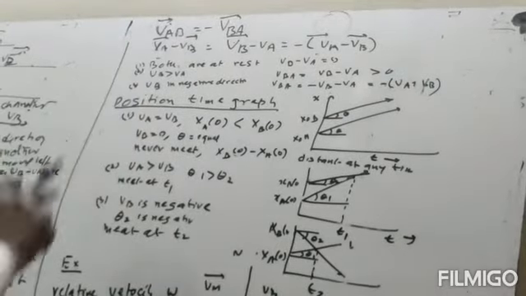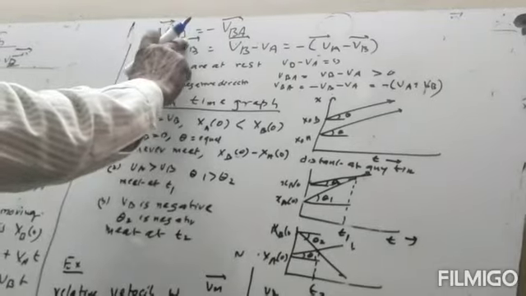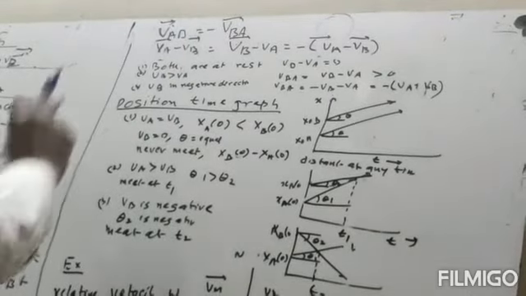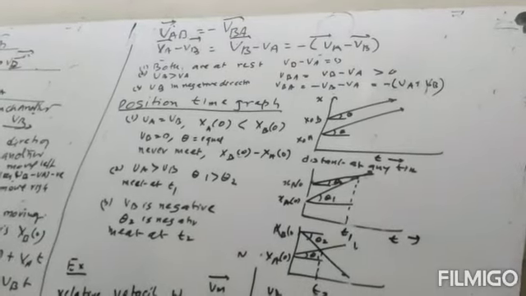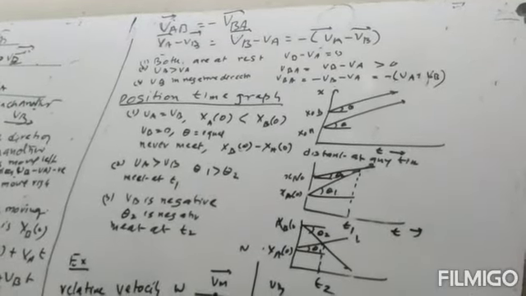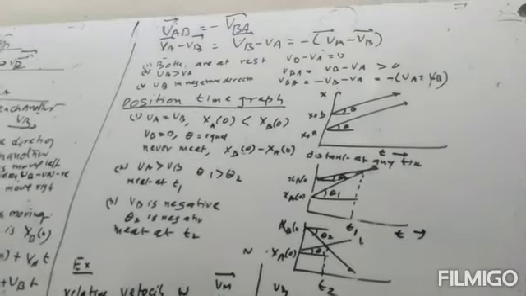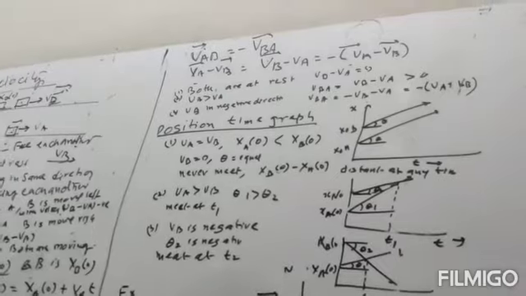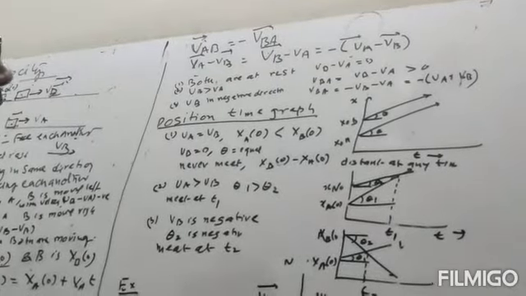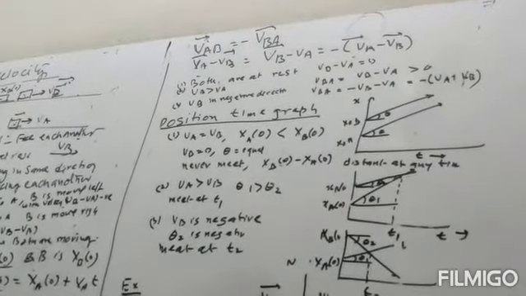VAB, the relative velocity of A with respect to B, is equal to minus VBA, means negative sign, the velocity of B with respect to A. Now VAB will be equal to VA minus VB, whereas VBA is equal to VB minus VA.